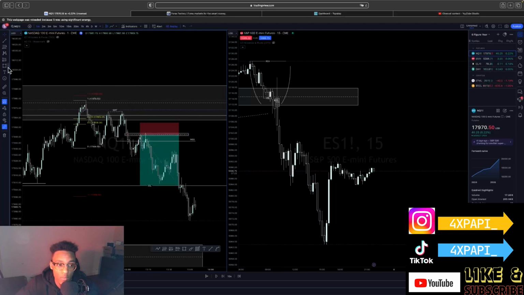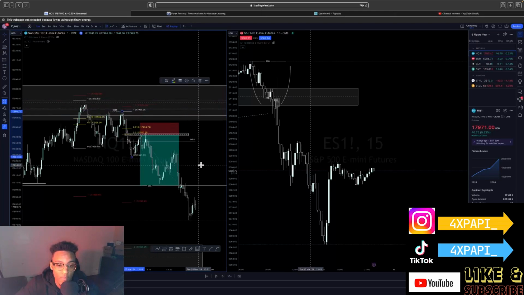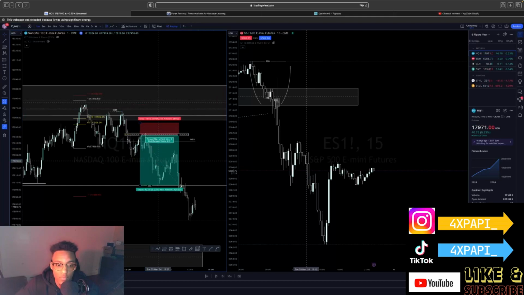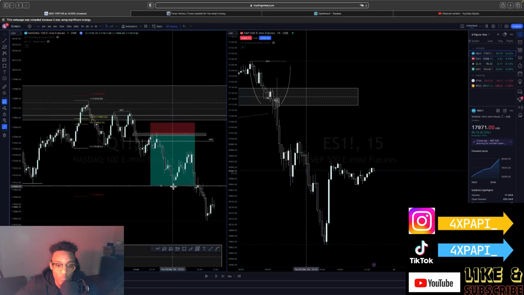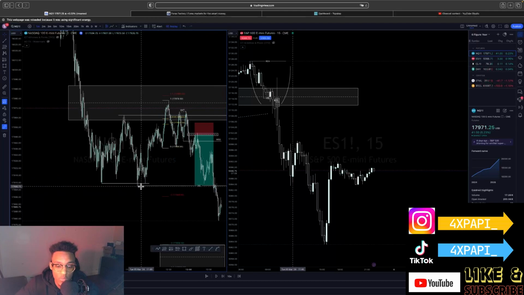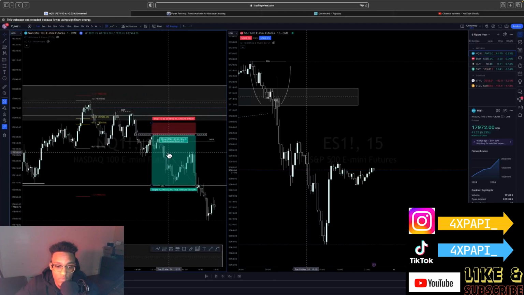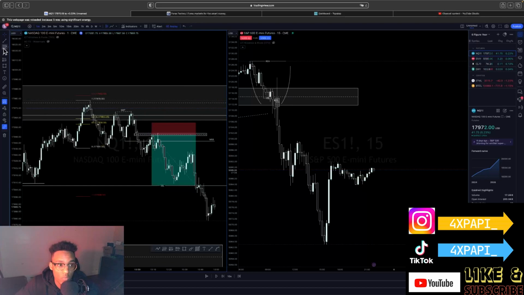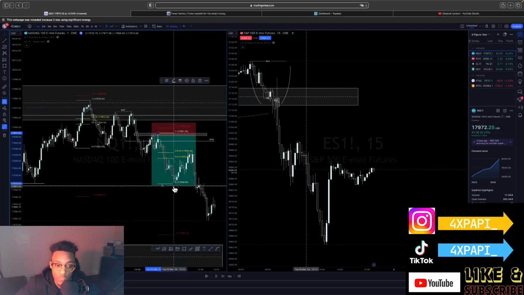We had price pulling back to an equilibrium fair value gap right here. That's your next entry. Then we have more displacement. Price comes down, doesn't take this new objective. And so then we can wait for price to come back again. And with this model, all of your fair value gaps should be respected until you take external.